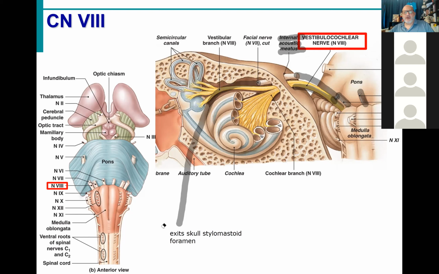So for 7, our skull exit is the stylomastoid foramen. I make a point of emphasizing this because we are now on to cranial nerve 8. Back in ancient times, and by ancient times, I mean when I was in graduate school, 8 was known as the auditory nerve.